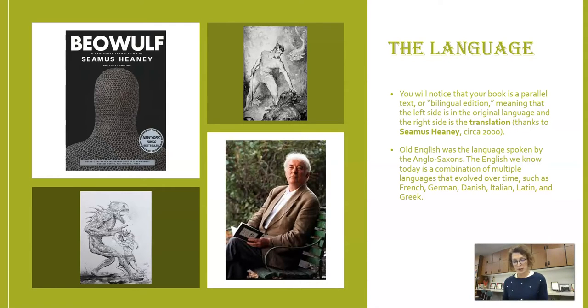If you look at page 92, you will probably have a little bit of trouble reading it because it's in Old English. So you will notice that your book is parallel text or bilingual edition, meaning that the left side is in the original language and the right side is the translation, thanks to Seamus Heaney, this man right here, circa the year 2000.